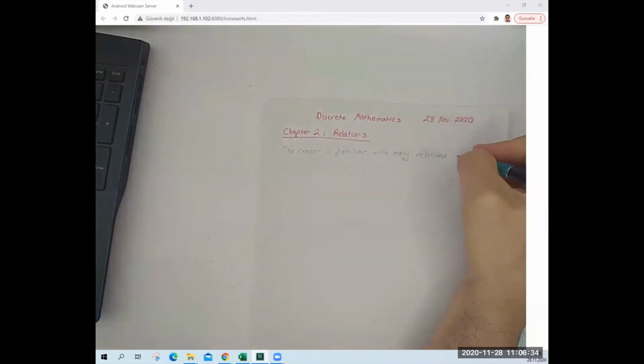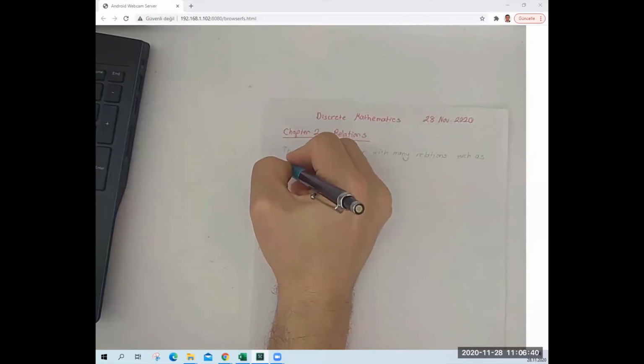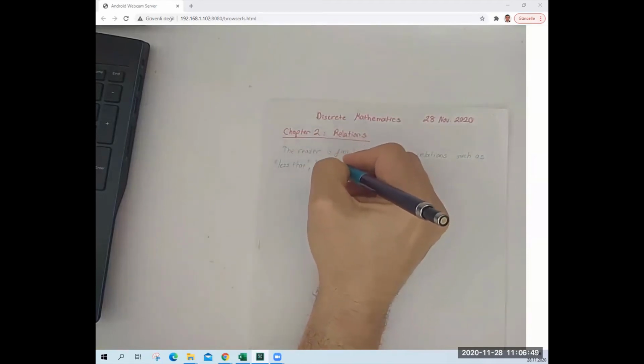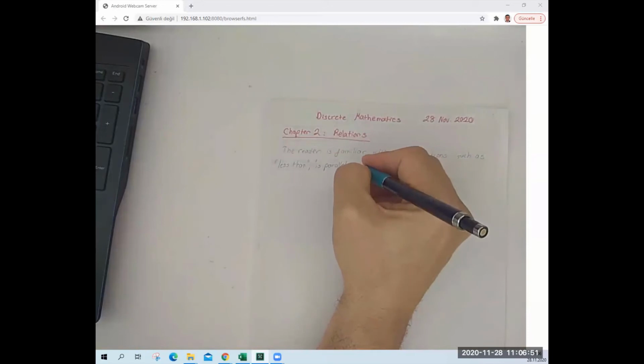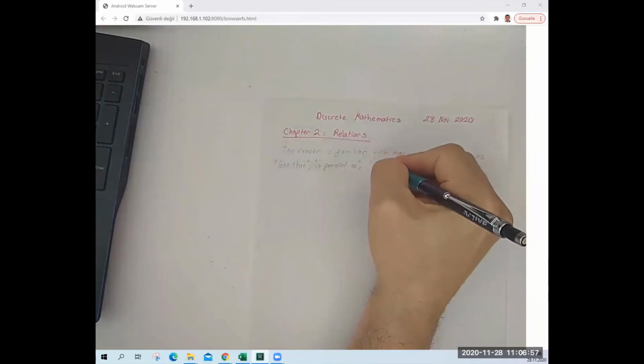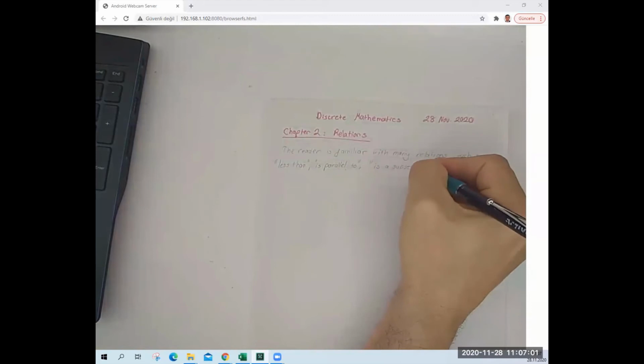We know some relations like less than, is parallel to, is a subset of, and so on.